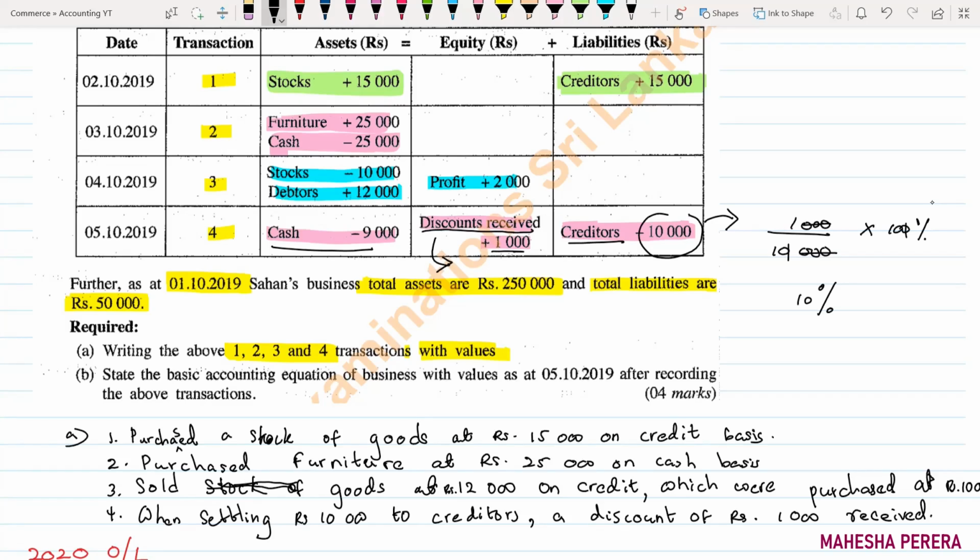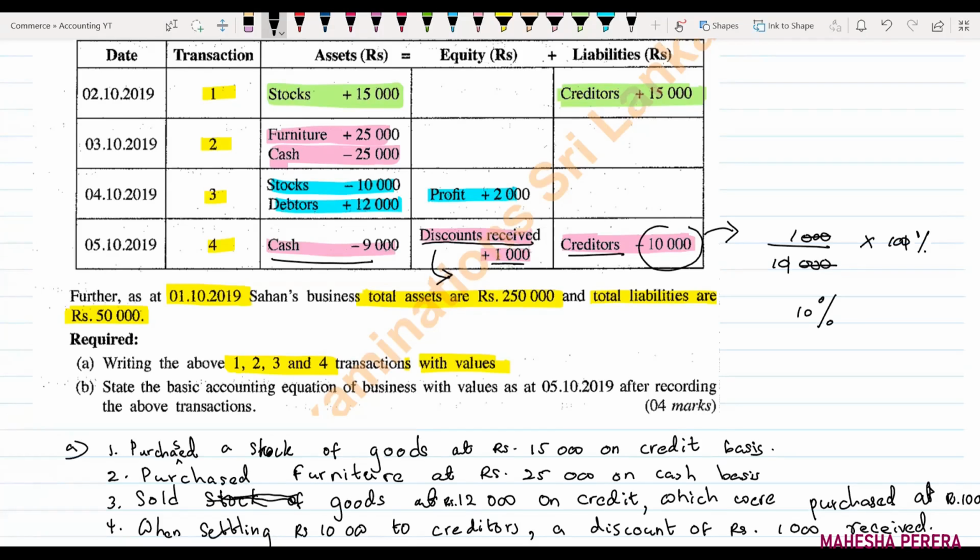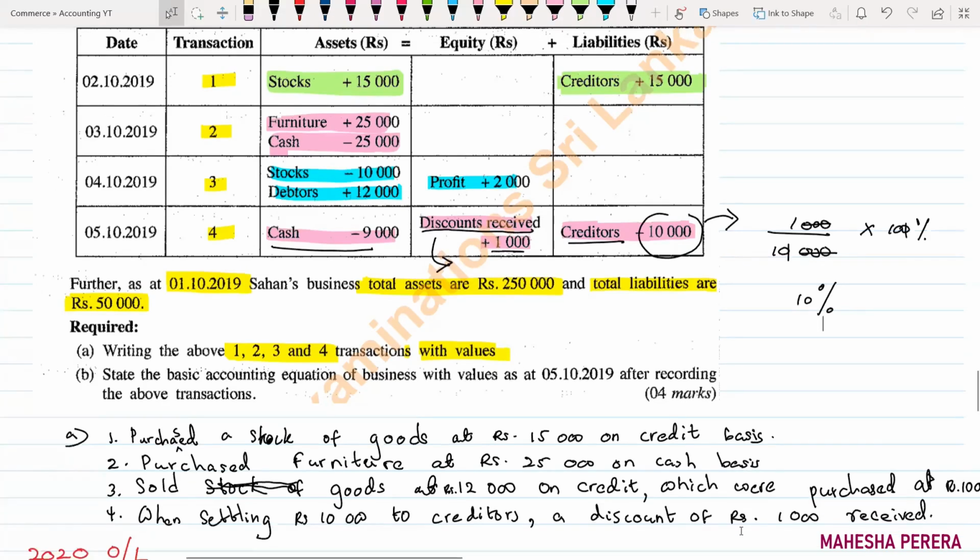Right? That's how 1,000 comes, no? 10% of 10,000 is 1,000. So instead of using a discount of this much, you can write the percentage. Right? 10% discount was received or just received. 10% discount received. Okay? So you can write the percentage even instead of writing the amount of the discount. Are we clear? Because there are different ways to write this transaction.